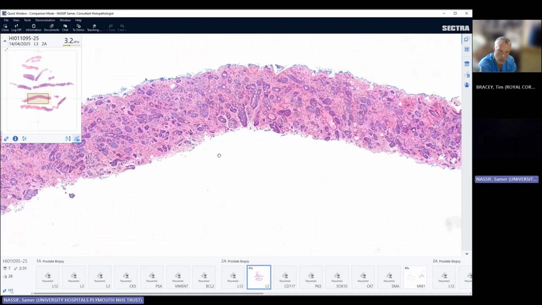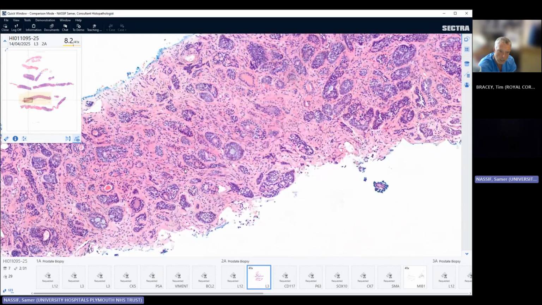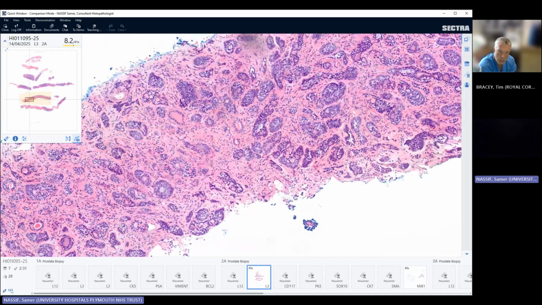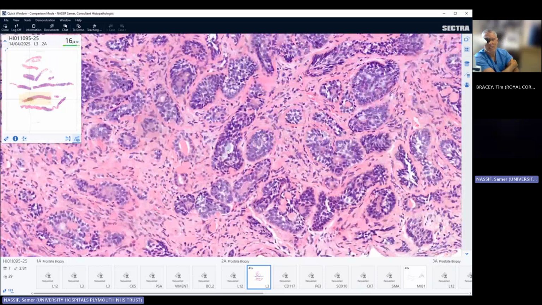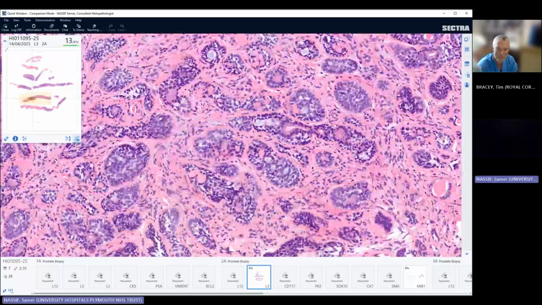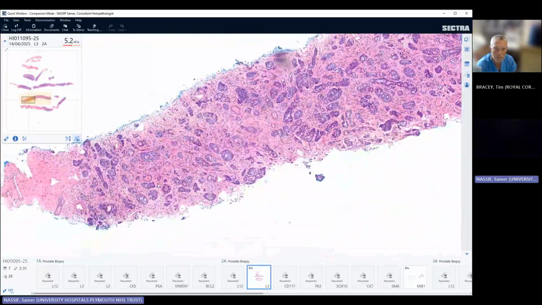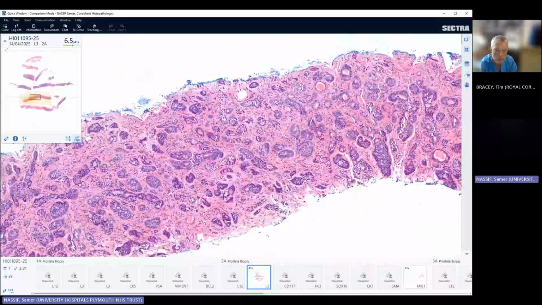This is the one core where the stroma looks a bit funny, but this could just be fibromuscular proliferation between the glands. What's different between this one and the previous one is, one, there's more of it. Two, in this biopsy, I'm seeing more of this bluish mucin in some of the glands. It's looking a bit cribriform in areas as well, isn't it? Yeah. So the differential here becomes between basal cell hyperplasia and adenoid cystic.